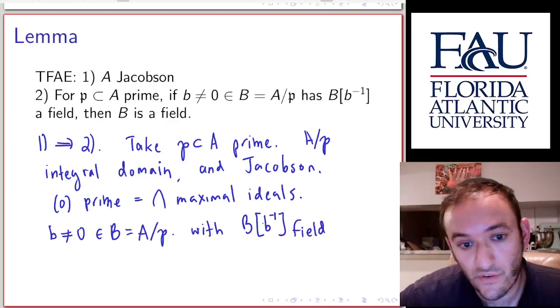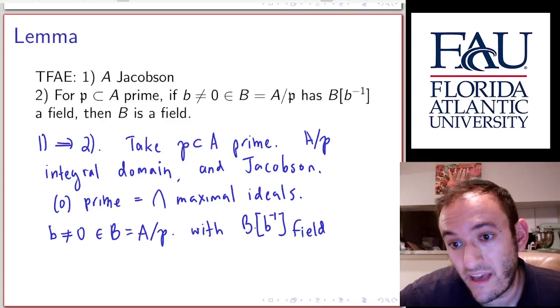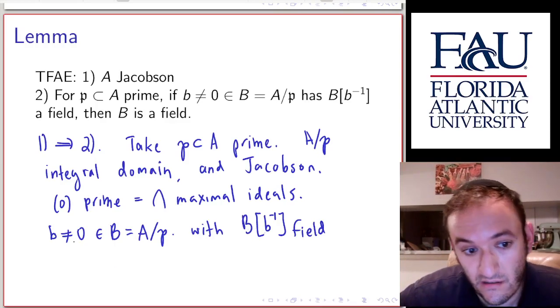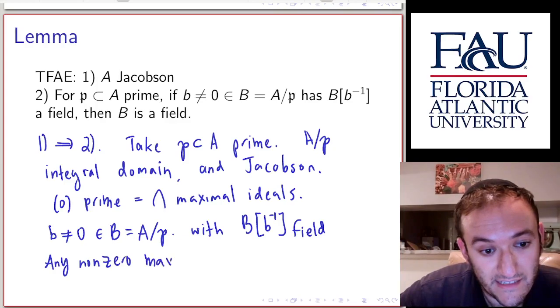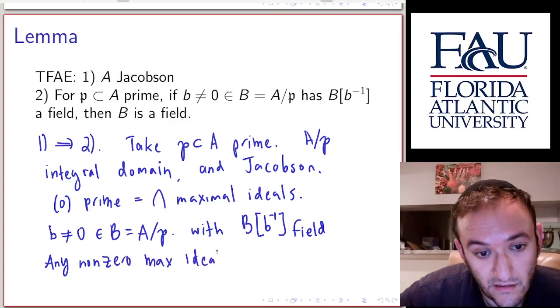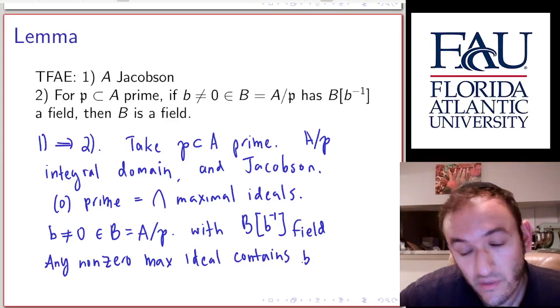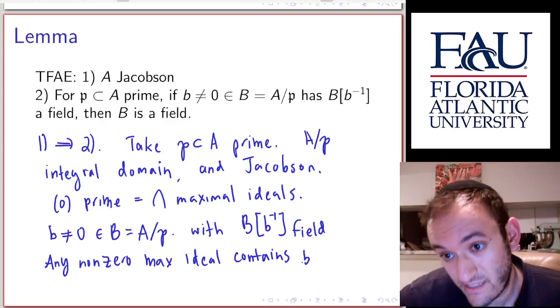then what that means for us is that any non-zero maximal ideal must contain b, because otherwise when you add in b inverse, the ideal will stay proper.